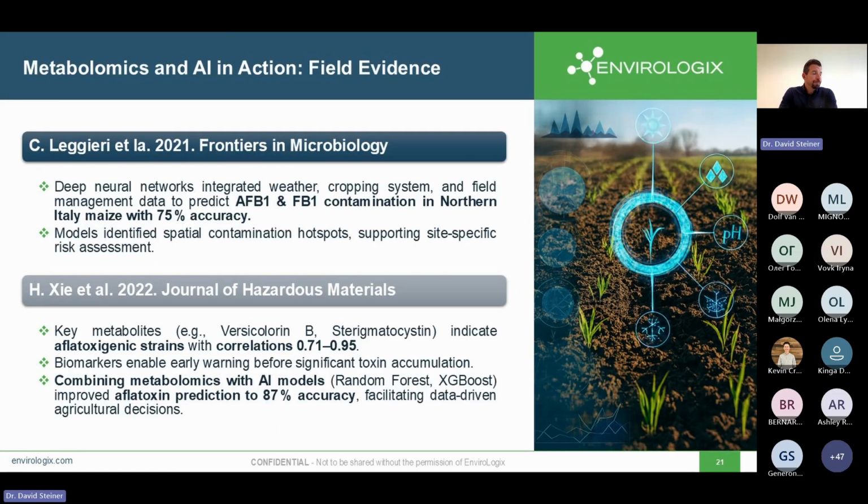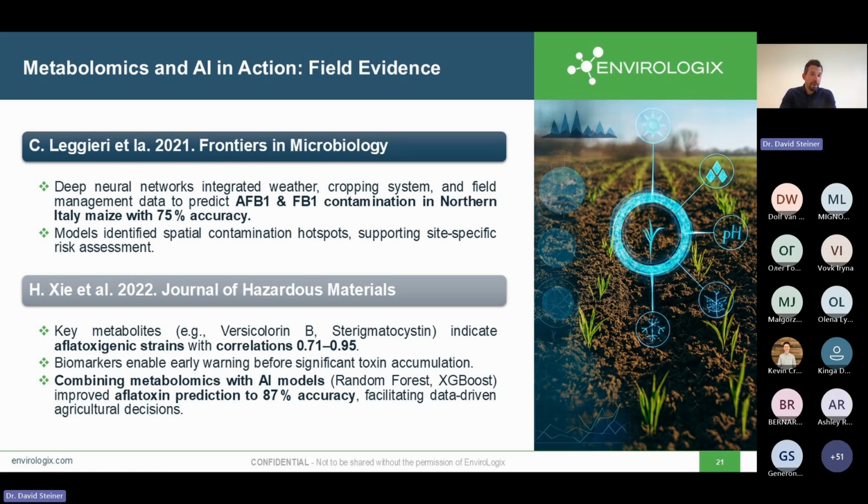And building on the predictive power of these tools, real-world studies show how this actually works in the field. So in one field study, a deep neural network applied to maize in the region of northern Italy predicted aflatoxin B1 and fumonisin B1 contamination with an accuracy of around 75%. In another study, it was found that specific metabolites such as versicolorin B and sterigmatocystin strongly correlate with aflatoxigenic strains.